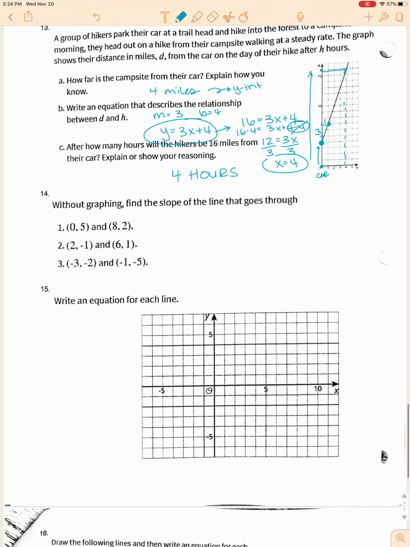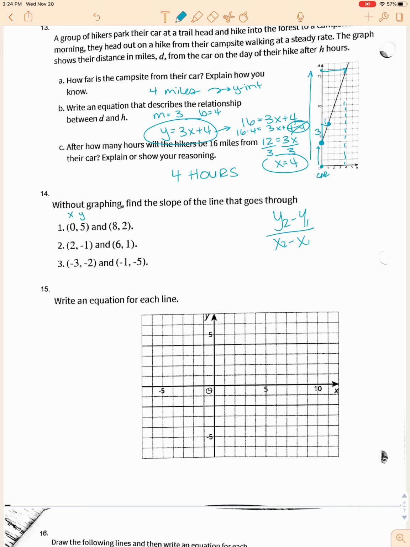Number 14, we're talking about finding slope between 2 points. And in order to find slope between 2 points, you need to use the slope formula. So the slope formula is y2 minus y1 over x2 minus x1. If I'm looking at number 1, and I'm trying to use the slope formula, I can then label my points.